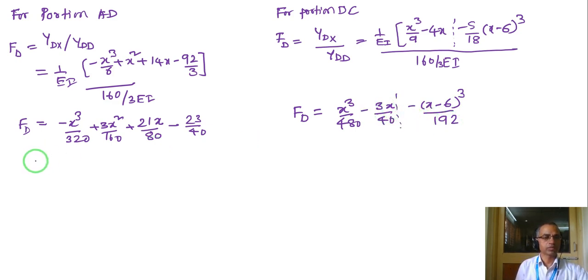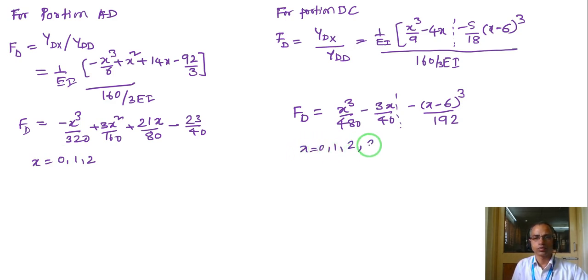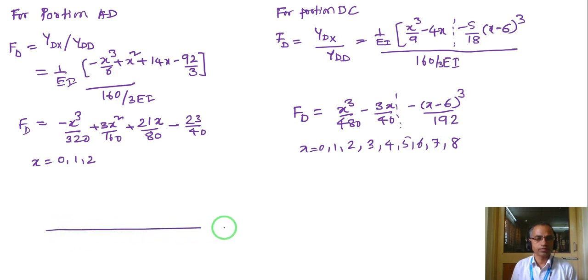By simply substituting for the AD portion, x starting with 0, 1 and 2, and here x equal to 0, 1, 2, 3, 4, 5, 6, 7 and 8, we will be able to plot the ordinates. So that plot we will be able to get.